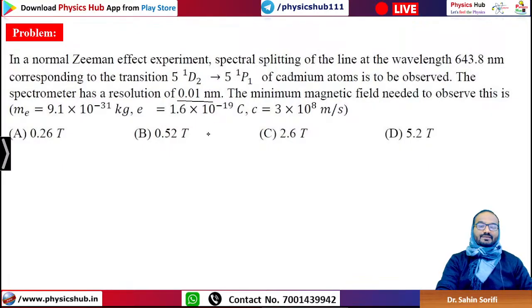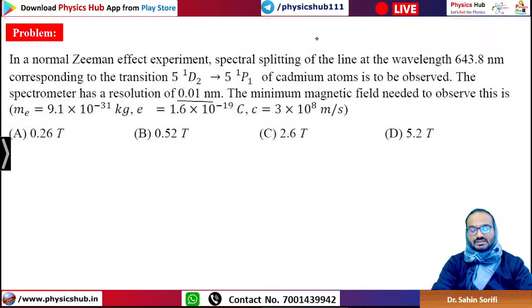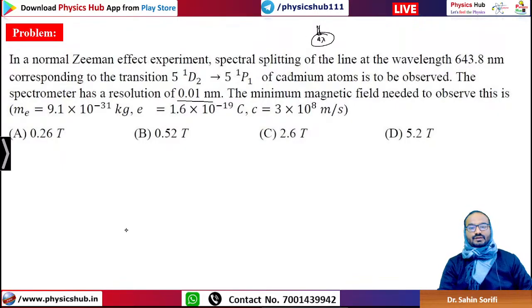Find the minimum magnetic field needed to observe this. Resolution means how capable your instrument is to resolve two closely spaced lines. So that value is delta lambda. Do it quickly.